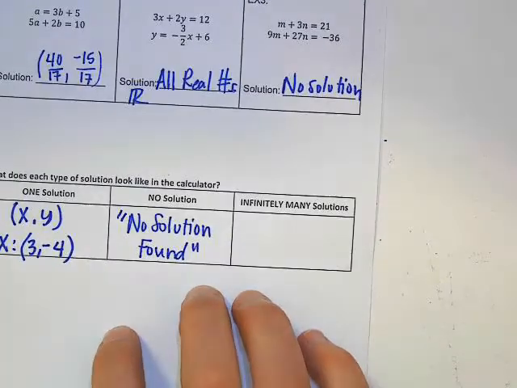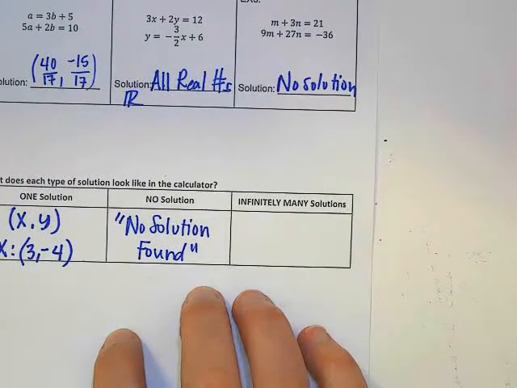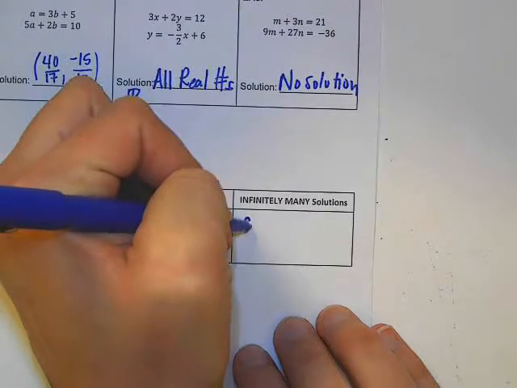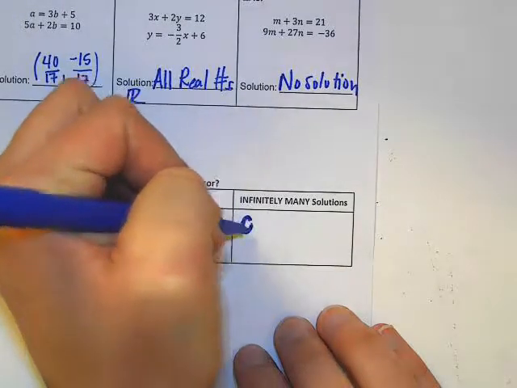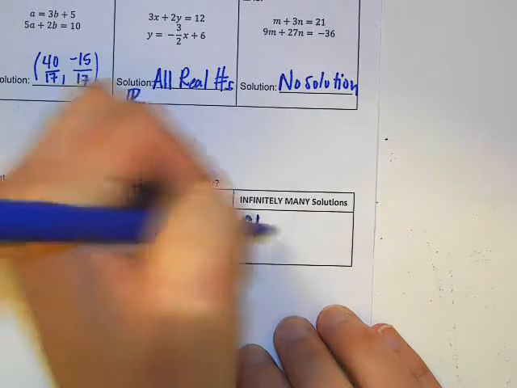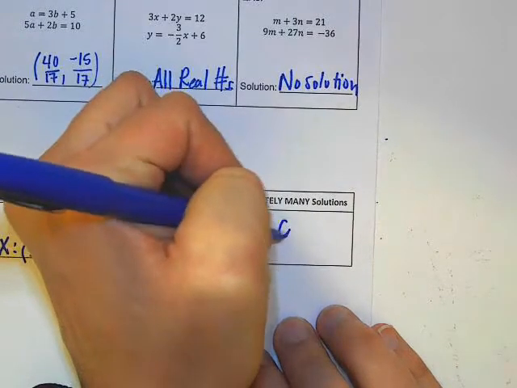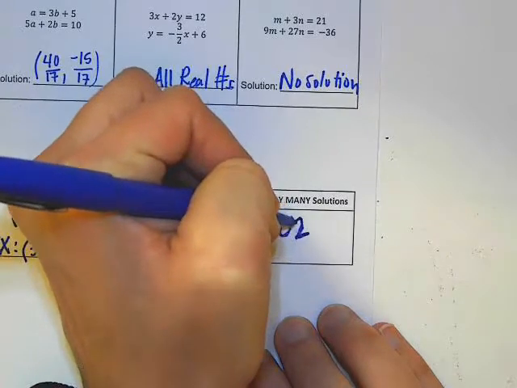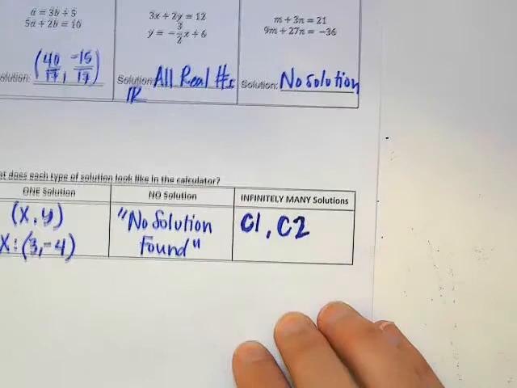Infinitely many solutions, all real numbers. It would have a real bold C1. It might have a real bold C2. You haven't seen that yet, but it could.